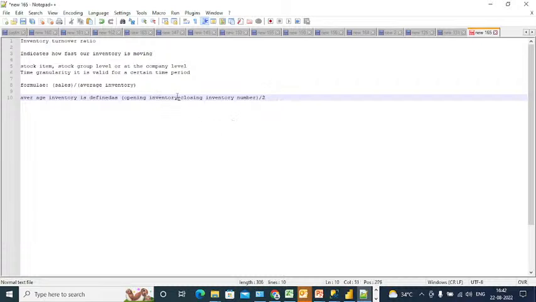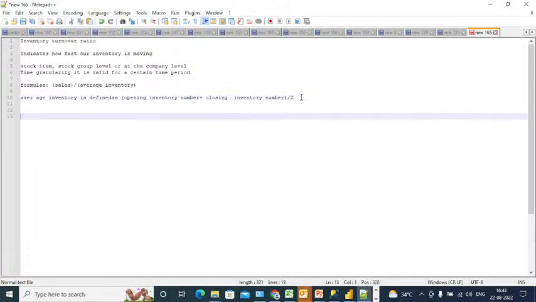So in general this is the formula: opening inventory number plus closing inventory number divided by 2.